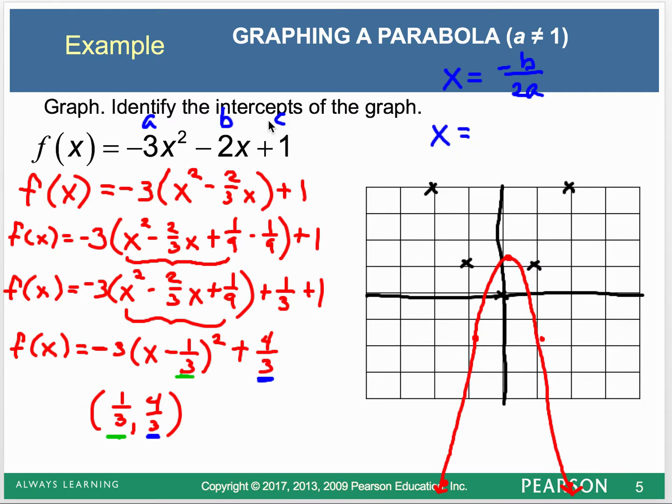Okay, -b, so -2 over 2 times a, -3. So why did I get -1/3 here?